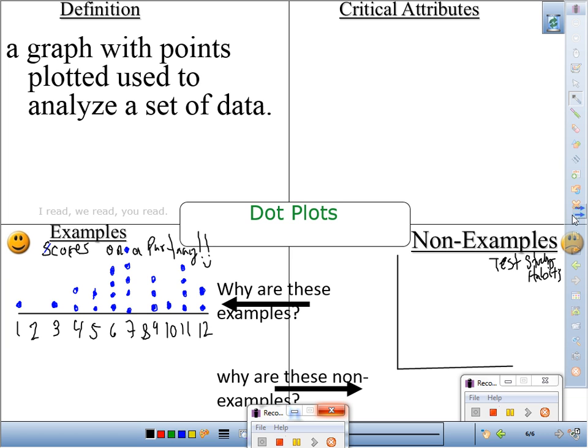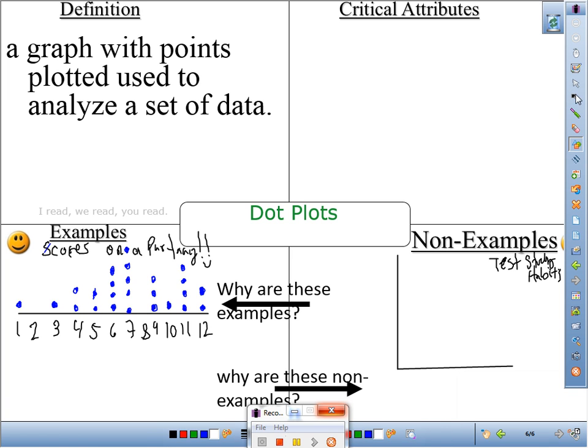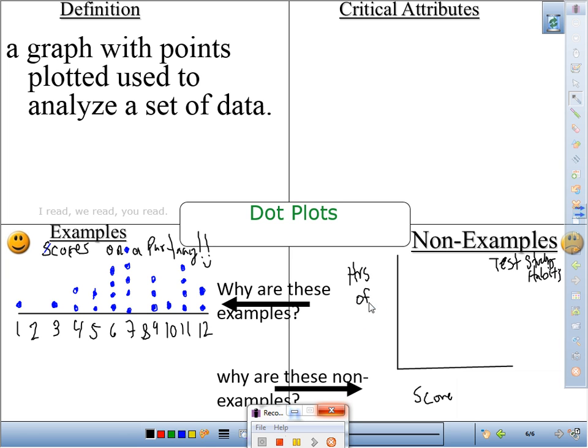So I'm going to write here score, and over here hours of study. So I'm going to label here 1, 2, 3, 4.